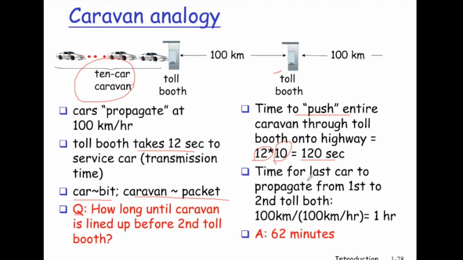And then the propagation delay is for the car to travel 100 kilometers, so 100 kilometers divided by the propagation speed. So we have 60 minutes here. Altogether, 62 minutes before the entire caravan reaches the second toll booth. So you see, in this case, transmission speed is very fast, propagation speed is slow.